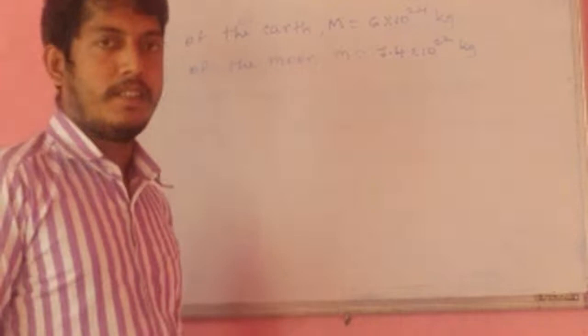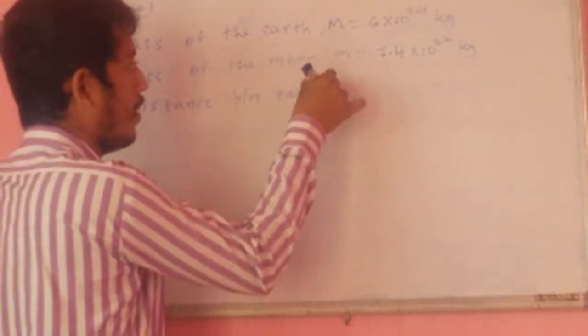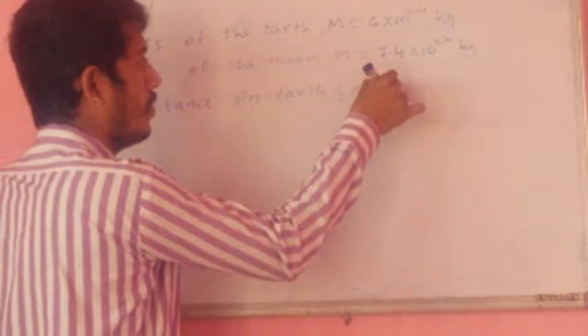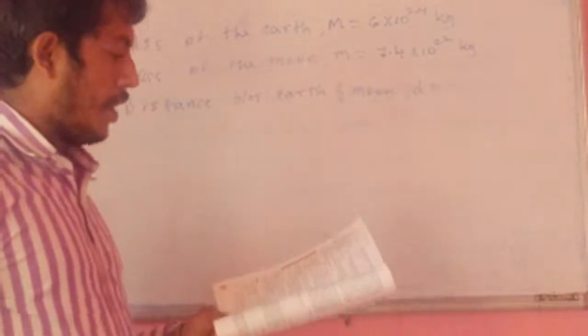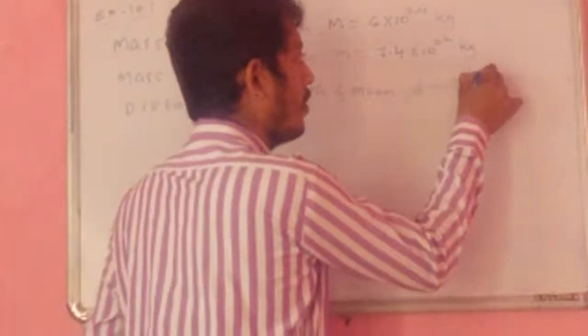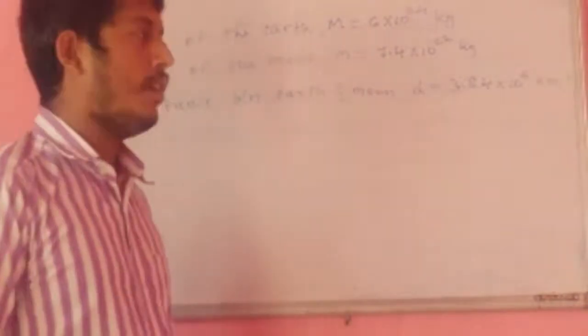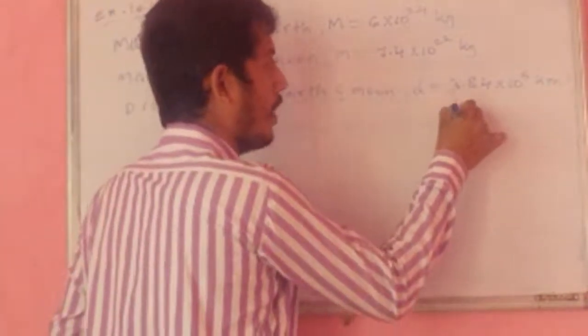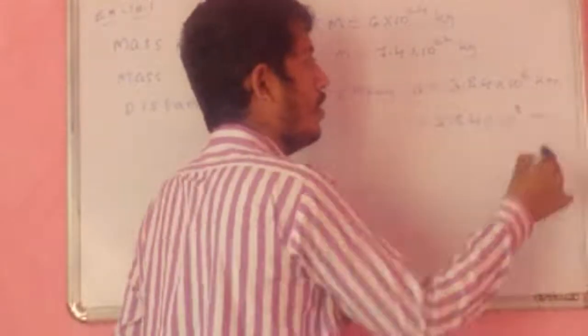And distance between Earth and Moon, that is equal to 3.84 into 10 raised to 5 kilometer. So that is 3.84 into 10 raised to 5, and kilo means 10 raised to 3. It becomes 10 raised to 8 meter.